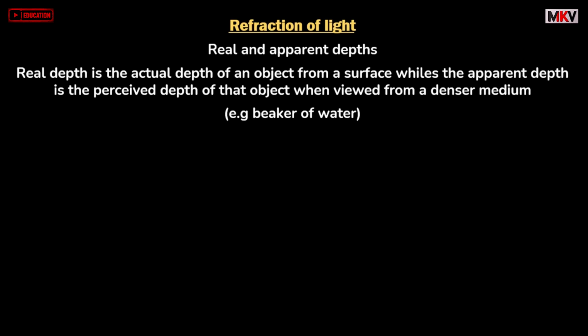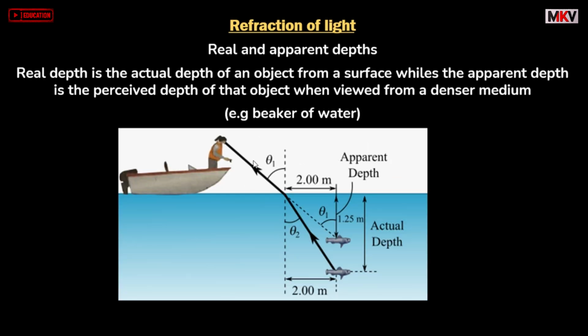If you look at this diagram, the fisherman sees the fish closer to the surface of the water than the actual depth of the fish. This distance of the fish to the surface is the apparent depth, and this distance, at which the fish actually is, is the real depth.